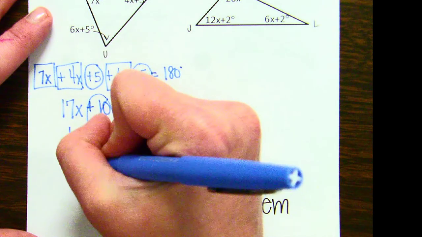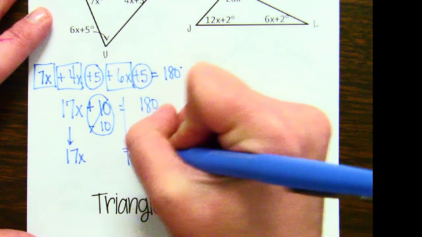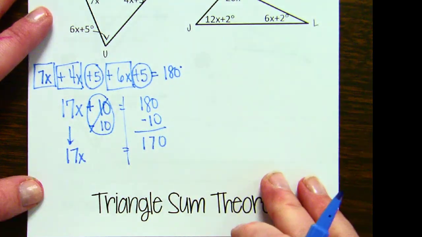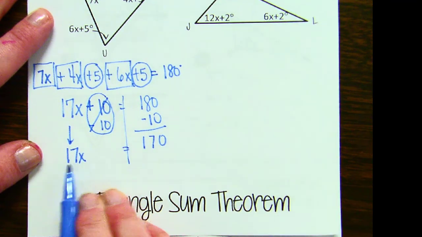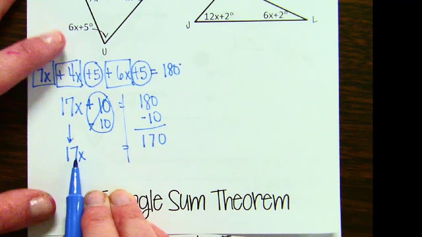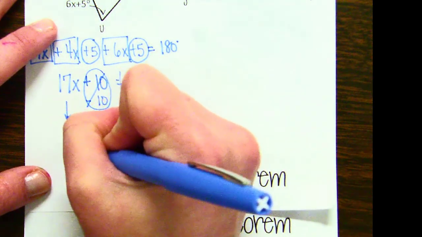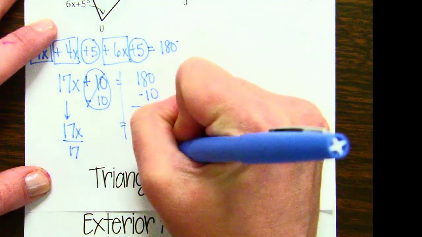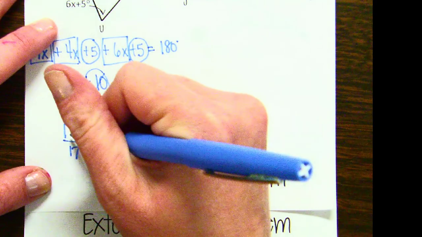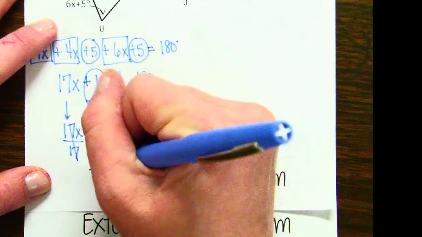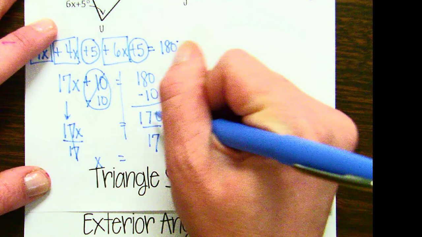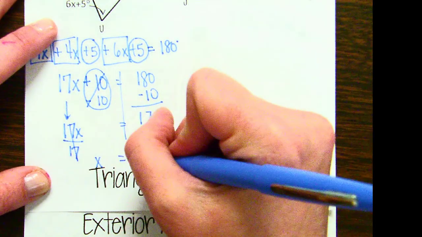I'm going to bring down my 17x equals 170. The operation that's occurring here is multiplication, so I use the inverse of multiplication, which is to divide. 17 divided by 17 makes 1x, and 170 divided by 17 is equal to 10.